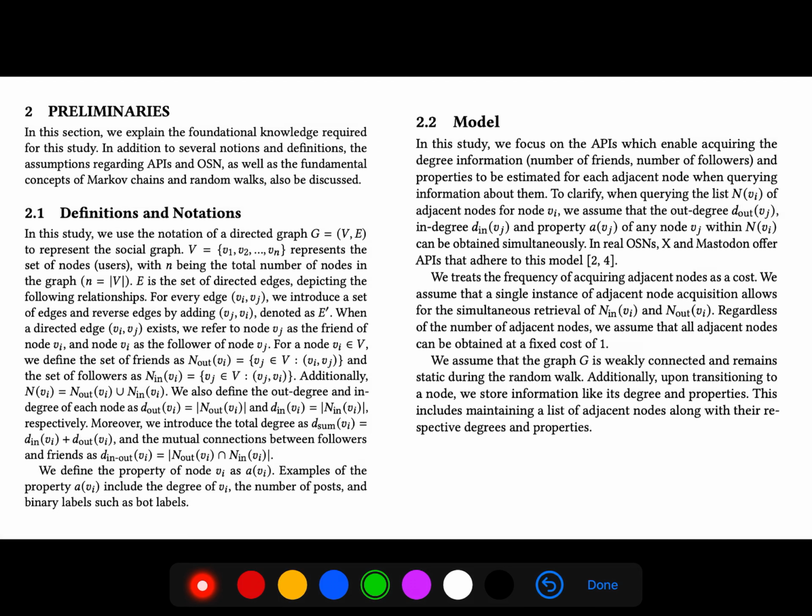And we treat the frequency of acquiring adjacent nodes as a cost. We assume that a single instance of adjacent node acquisition allows for simultaneous retrieval of N of v sub i and N out of v sub i. And regardless of the number of adjacent nodes, we assume that all adjacent nodes can be obtained at a fixed cost of 1.